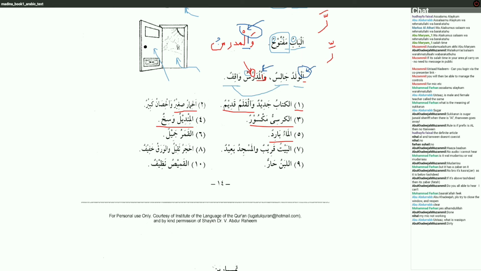طيب. If you use a tissue, is it going to remain clean? If you use a tissue, it's not going to be clean. طيب. So if it's not clean, it's wasikhun. Now in normal circumstances, I will just show you a clean tissue and a dirty tissue and say, al-mindilu wasikhun.